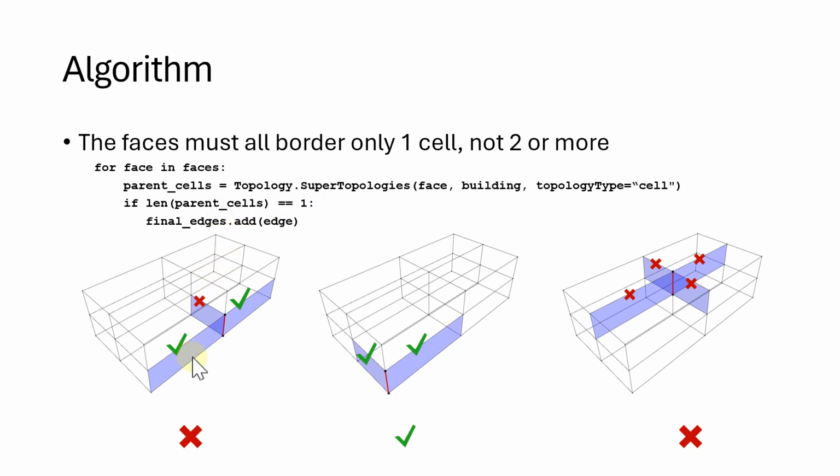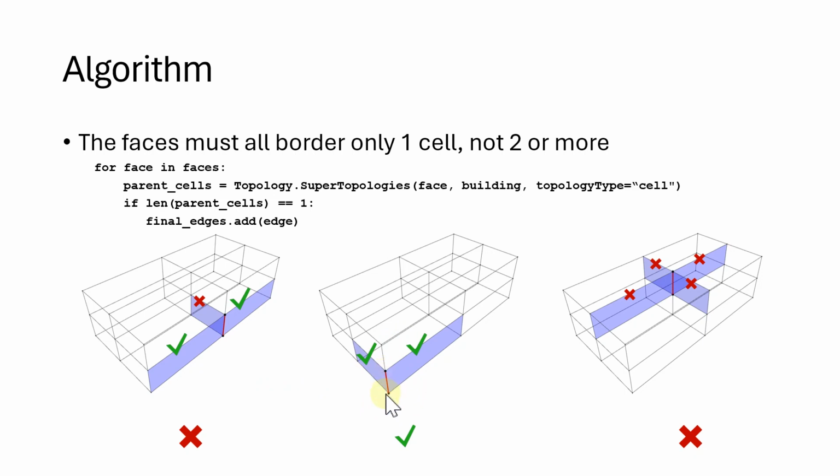So what does this mean? Basically, we ask every face for its cells. So for example, let's take for example this blue wall here with the green check mark. It will return only 1 cell, while the internal wall will return 2 cells, one to the left, one to the right, and so on and so forth for all these ones. We are only interested in the edge whose parent faces all return 1 cell, like for example the one in the middle figure.